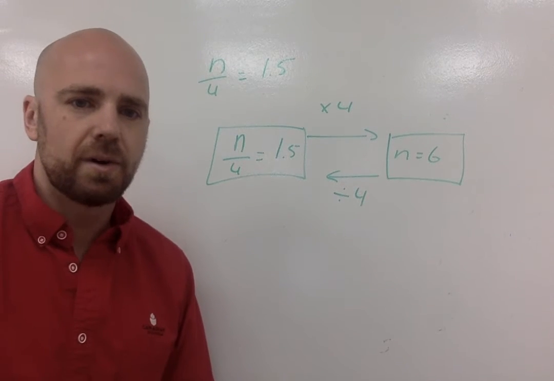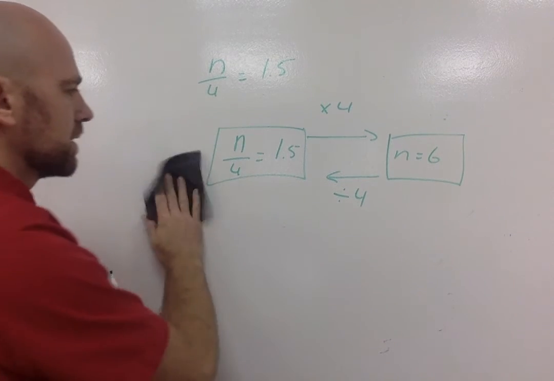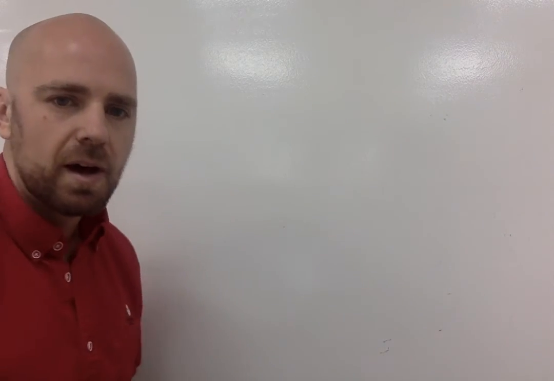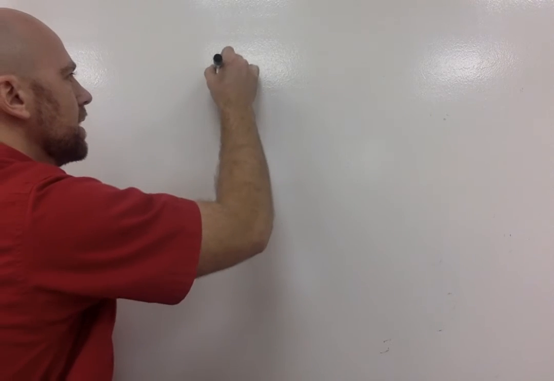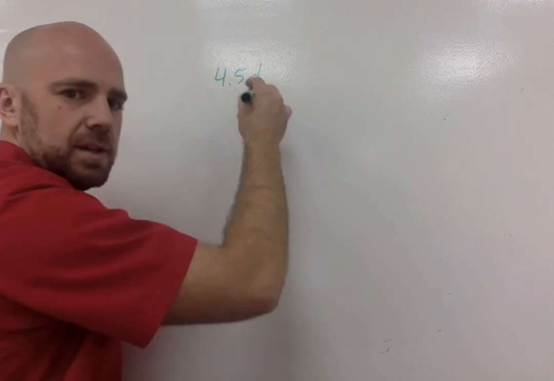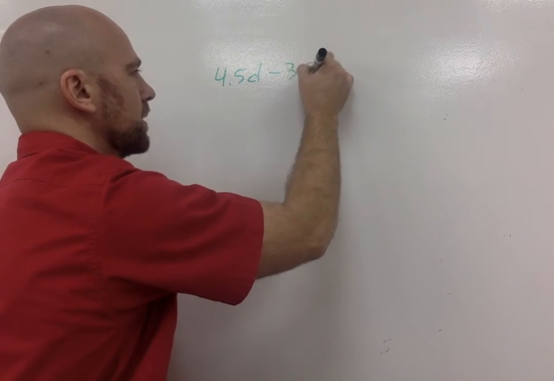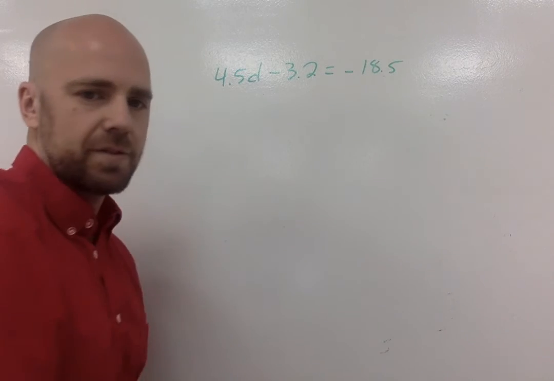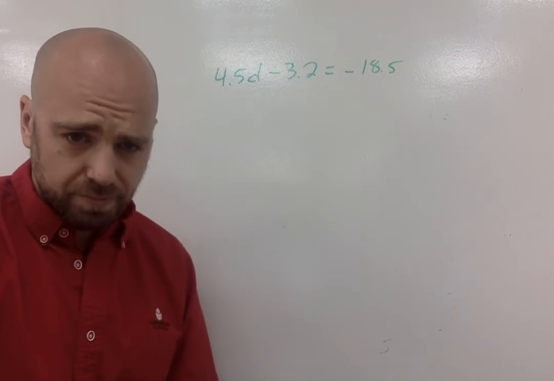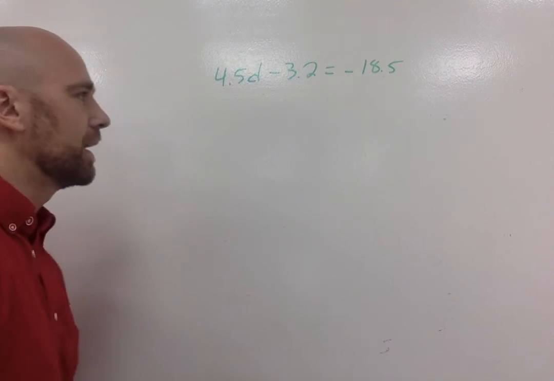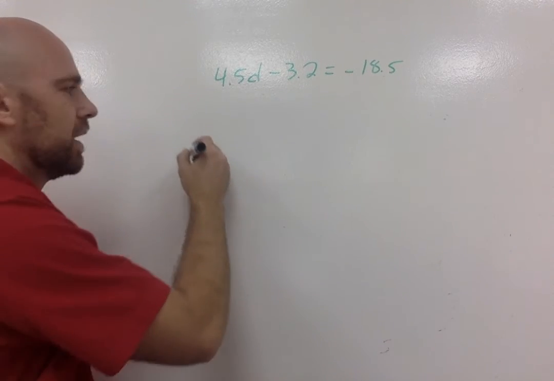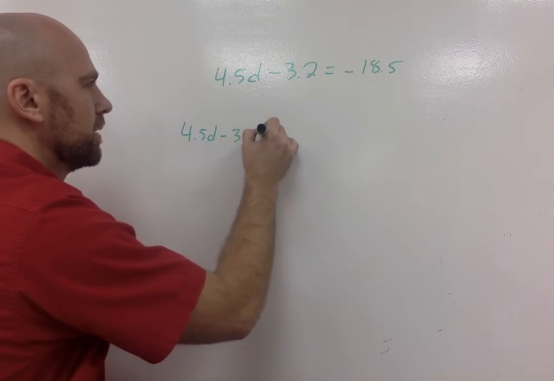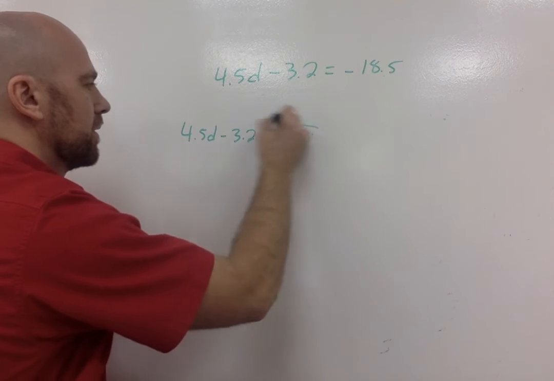All right, so let's go to some that have a couple more steps. If we have something like 4.5d minus 3.2 equals negative 18.5, I can break it up this way. If I'm going to start over here, I put this whole thing, 4.5d minus 3.2 equals negative 18.5.